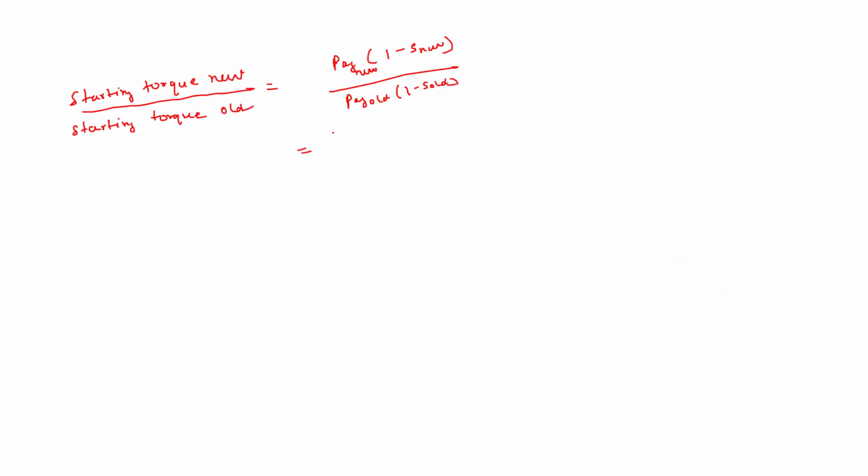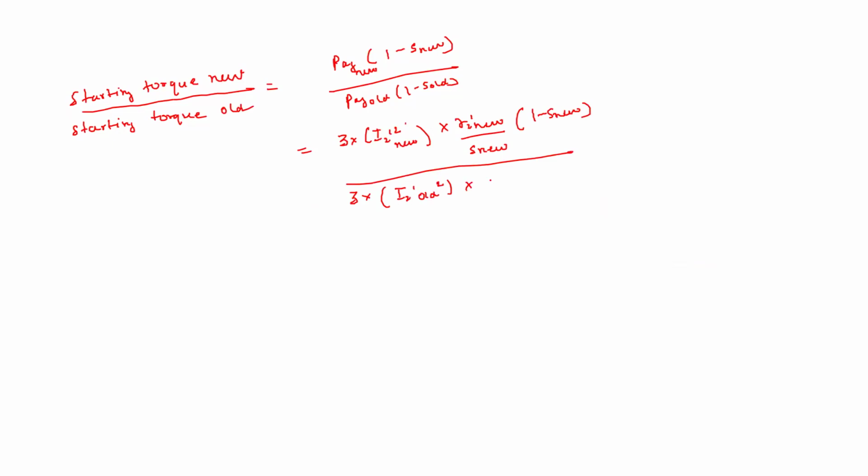Now, what is this air gap power new? It is 3 I2 dash new square into R2 dash new by S new, into 1 minus S new, divided by 3 I2 dash old square into R2 dash old by S old, into 1 minus S old.